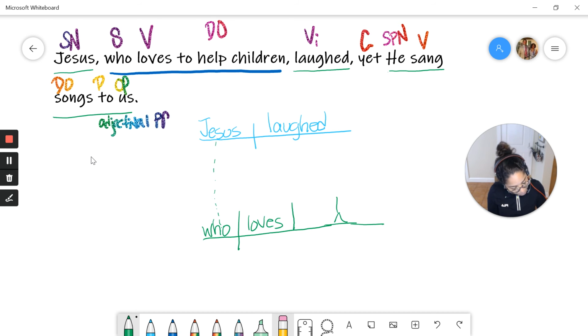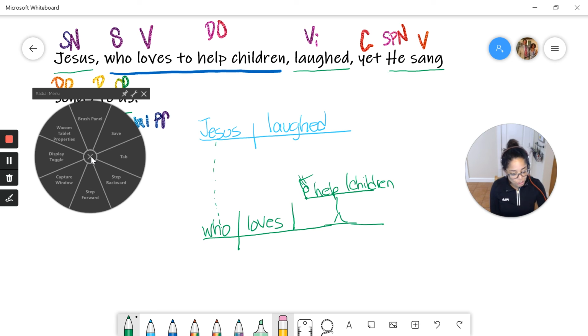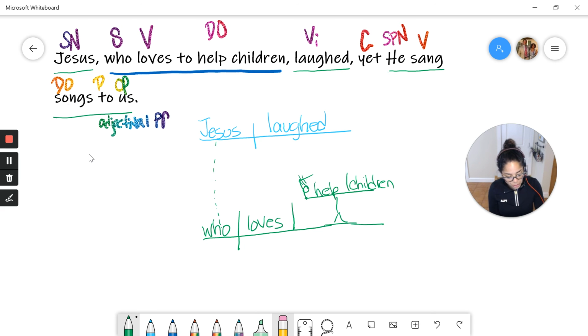And then we're going to diagram a prepositional phrase here. So it's to help and children. Not interesting. Because children is kind of like the direct object of our prepositional phrase. Isn't that interesting? Okay? So that's how that's diagrammed.